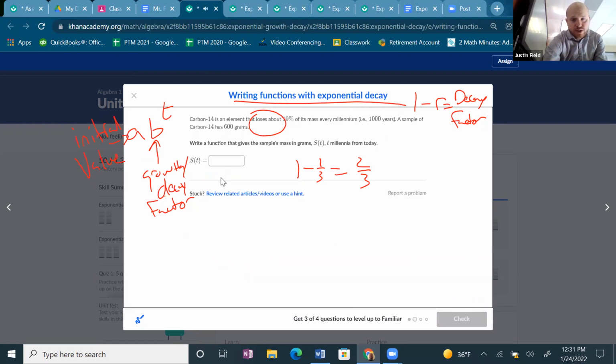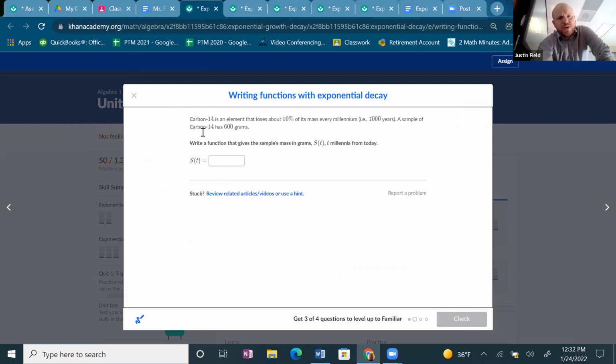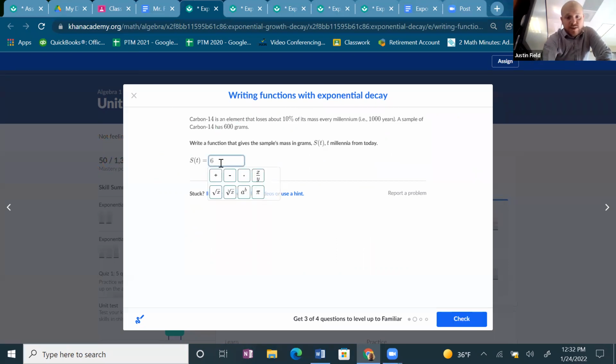All right, let's do another one to redeem myself. Carbon 14 is an element that loses 10%, and a sample has 600. So the initial value is 600. Do you see that? They're not going to get me this time. It's losing 10% each time, so that means it's 1 minus 0.1, or simply 0.9.